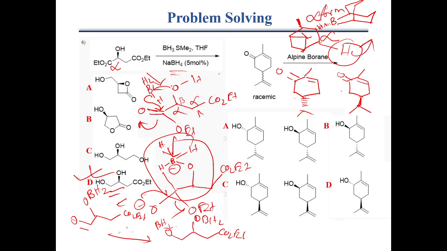But in these cases, the alpha form is matched with the alpha ketone. So that's why reduction happens with the alpha form, not with the beta form. So that can be explained through the cyclic transition state, but I am not explaining that.